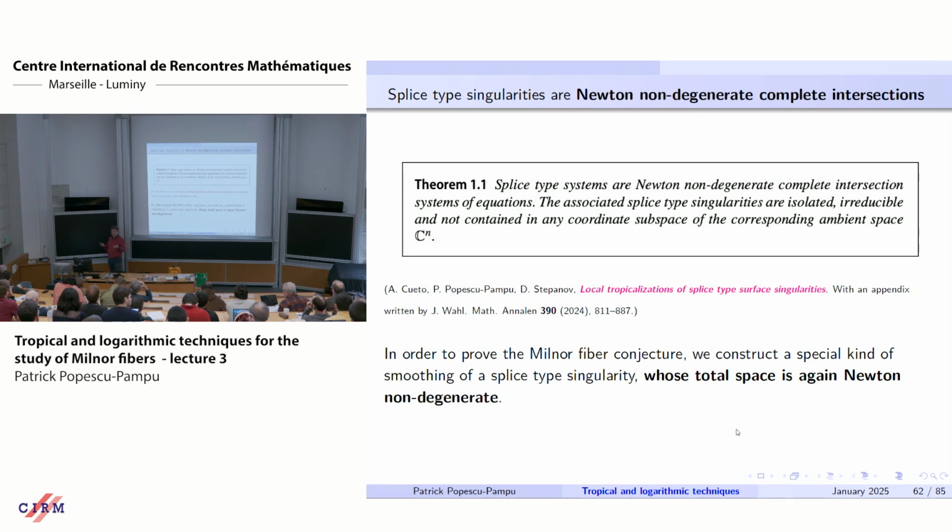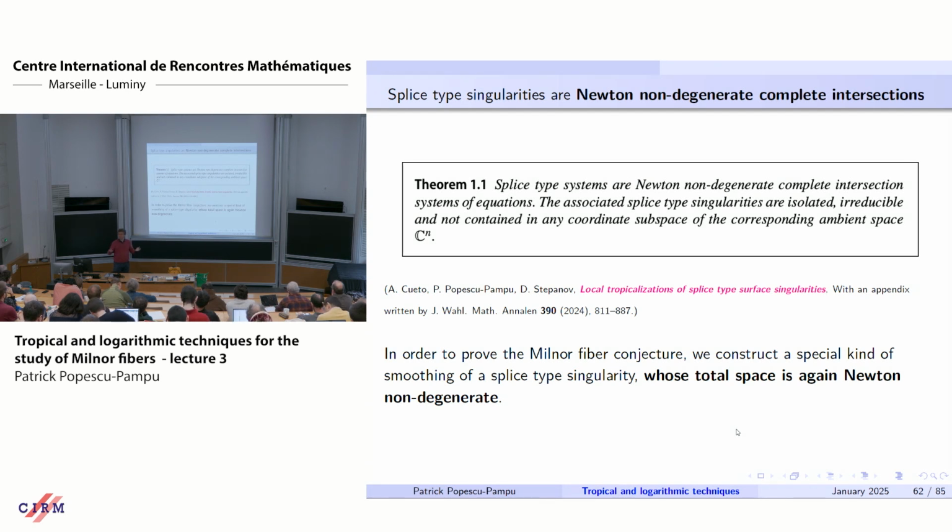And what we proved is that, in fact, they are nice. The splice-type systems are Newton non-degenerate complete intersection systems. And from this viewpoint of Newton non-degeneracy, we get a toric geometrical proof of something Neumann and Wahl proved differently, the fact that indeed they are isolated singularities and complete intersections.